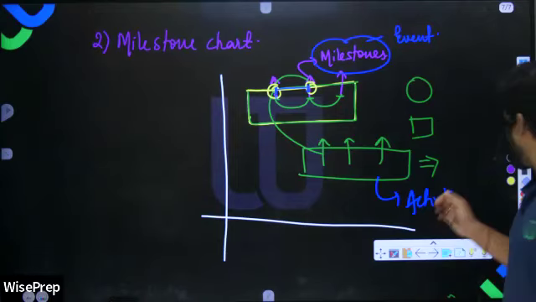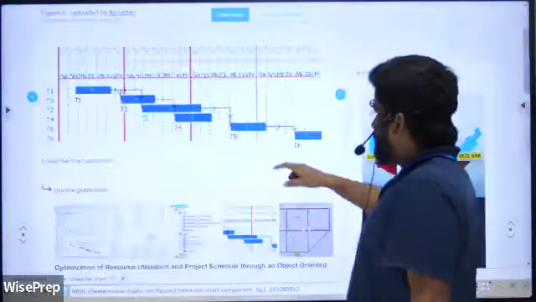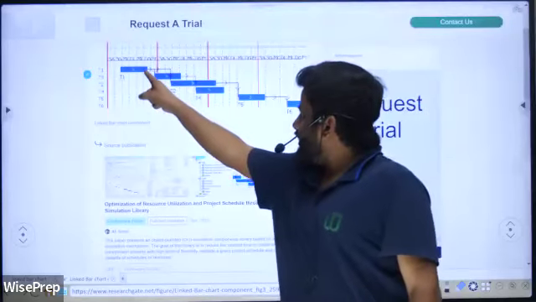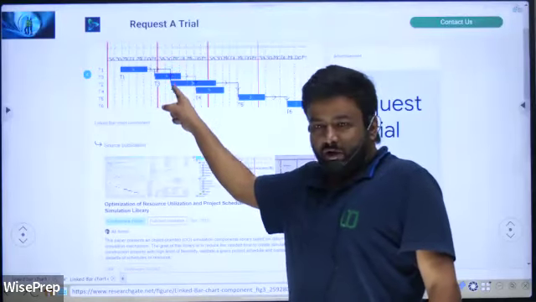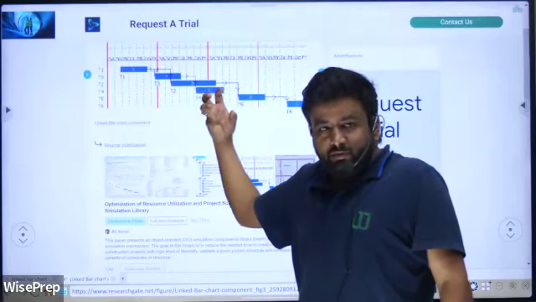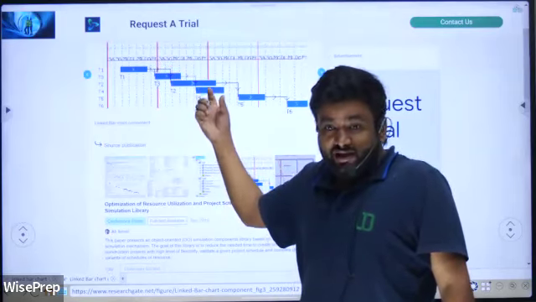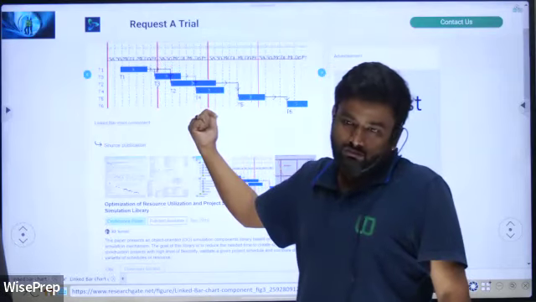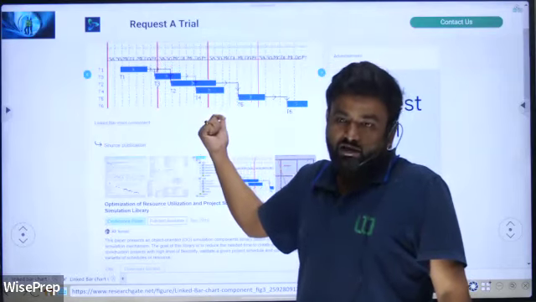Okay. Now let's see here. What am I getting? I am getting that the interdependencies among the various activities can be shown. So since interdependencies can be shown, we can efficiently monitor this. All right.